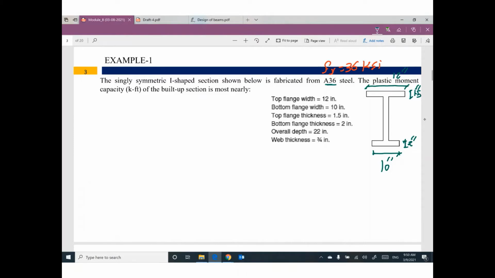The web thickness is 3/4 inch. The overall depth is 22 inch. This is the reason why the problem says singly symmetric, because this cross section is symmetric about the vertical axis only, but not symmetric about the horizontal axis. We need to figure out what the plastic moment is.